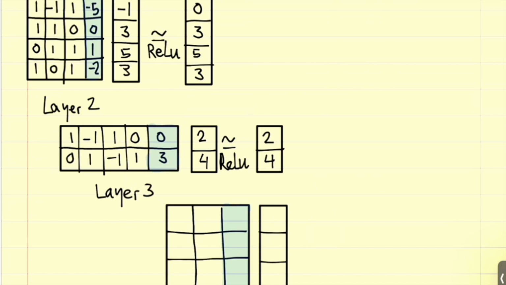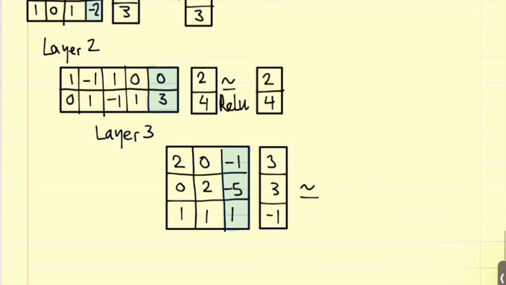And the numbers are 2, 0, 1, 0, 2, 1, -1, -5, 1, and then 3, 3, -1. I don't do that because it's the same. And here we apply something called softmax.